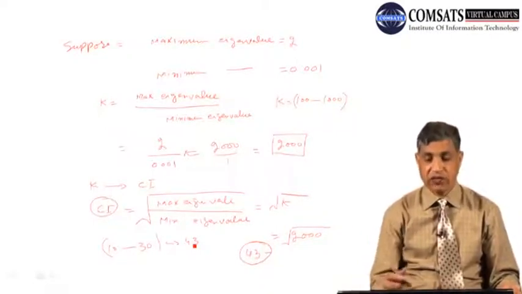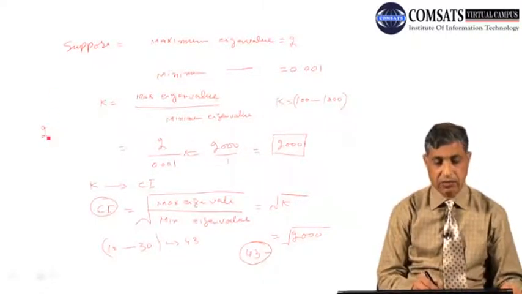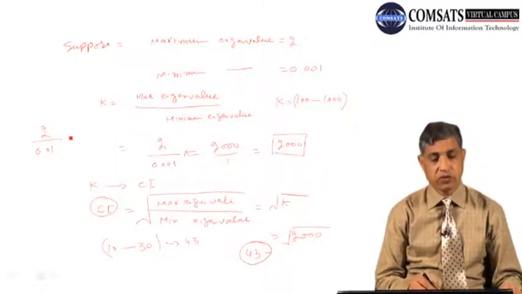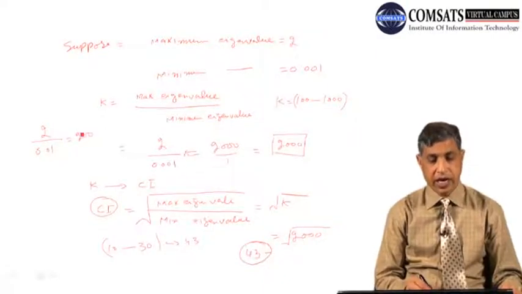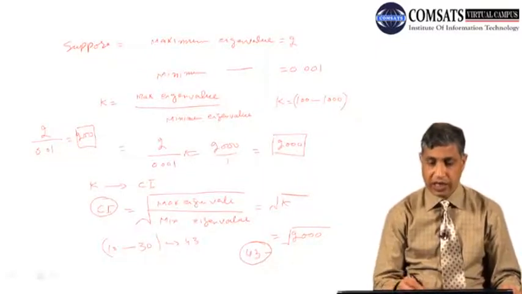And if I change the values just for a view, with this as the maximum eigenvalue and this as the minimum eigenvalue, it will become 200, and now you can see that this is in both the categories.